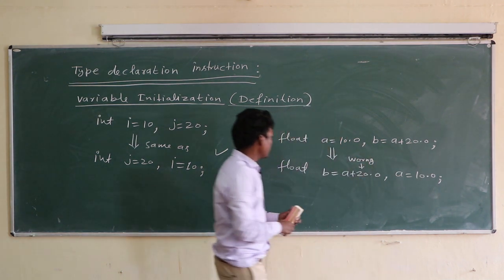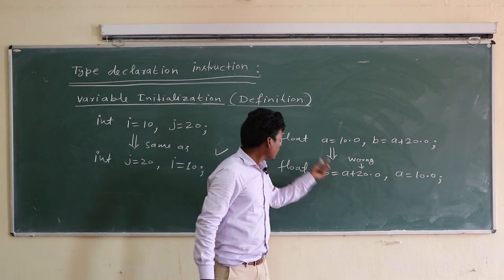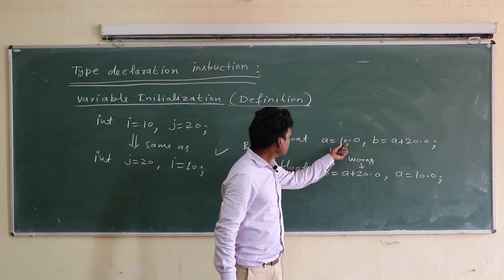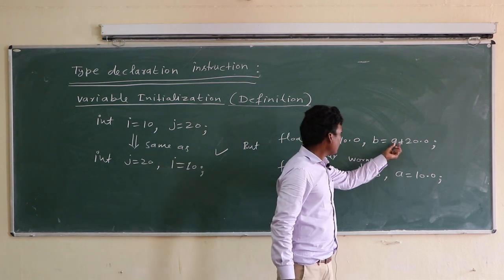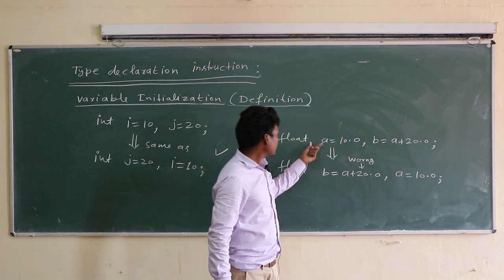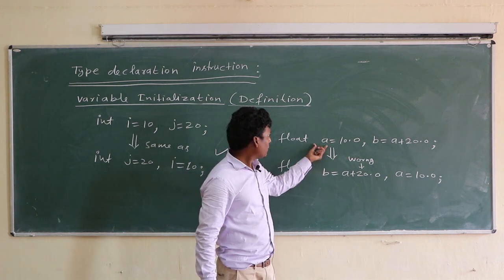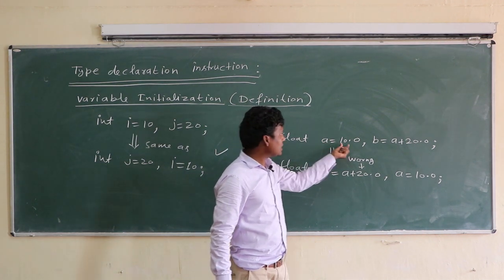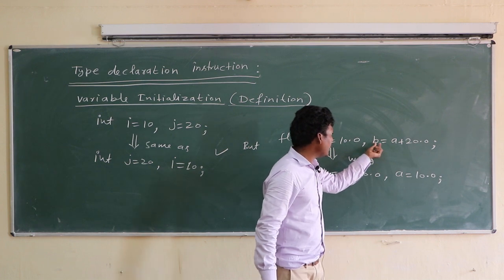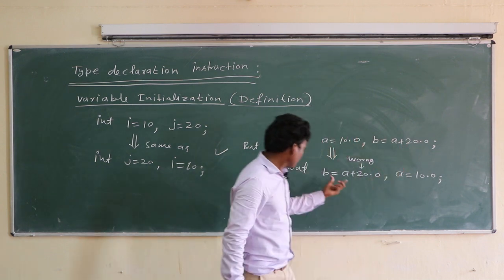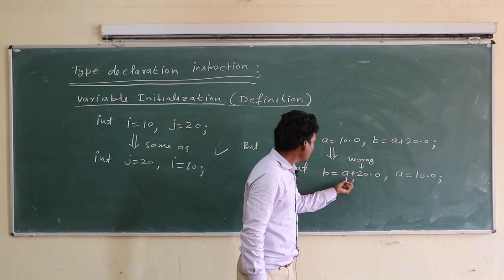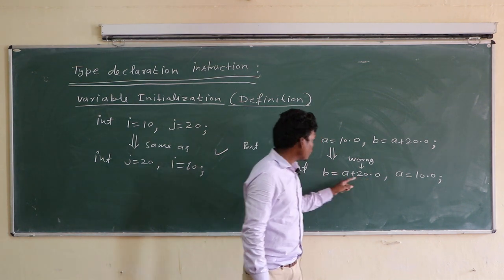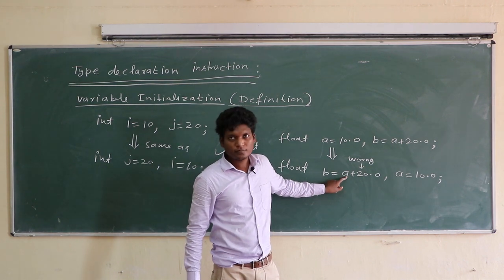Float a = 10.0, b = a + 20.0 is right because you declare the variable and assign the value. But in this case, you see float b = a + 20.0.